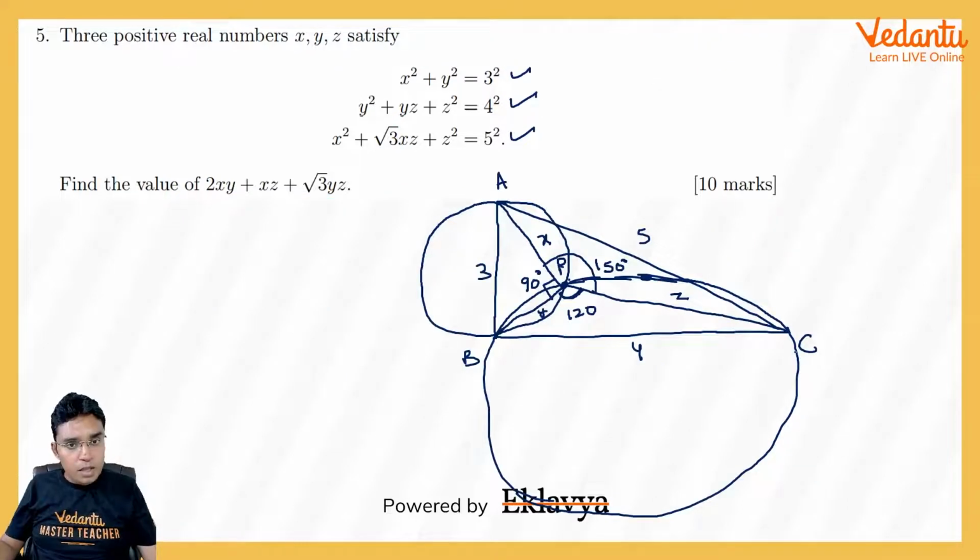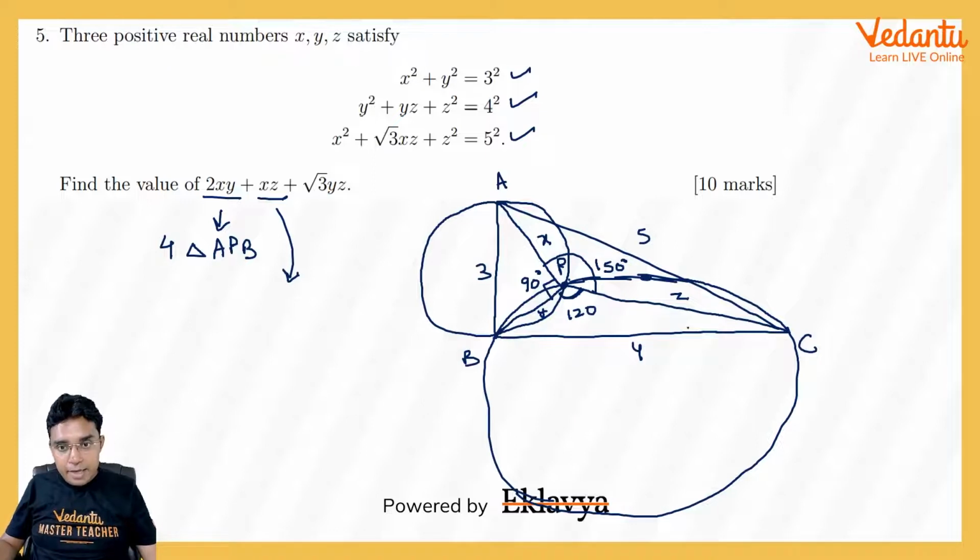Now what they are asking for, please see, is actually 2xy. Can you think of this 2xy as 4 times the area of triangle APB? Because this angle is 90, half xy will be the area of triangle APB, so 2xy will be 4 times the area of triangle APB.